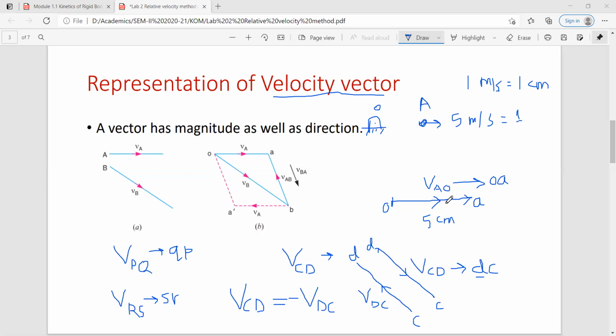So these three things we have learned: magnitude, direction, and label. Label is very important. Magnitude you can find with V equal to R omega. Direction you can also decide, but label is very important, how you label the vector.